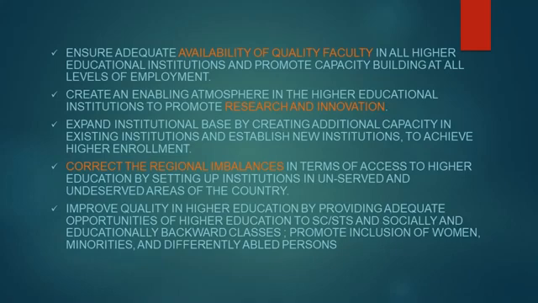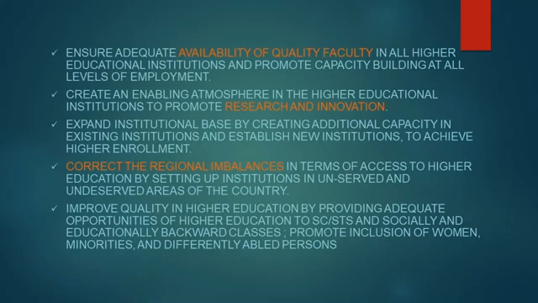Expand institutional base and create additional capacity in existing institutions. So what happens often is, in some states there are only 1 or 2 universities. So the students, or say the people out there, will have to go to other states to pursue their higher education, or in some cases they do not continue their higher education at all.